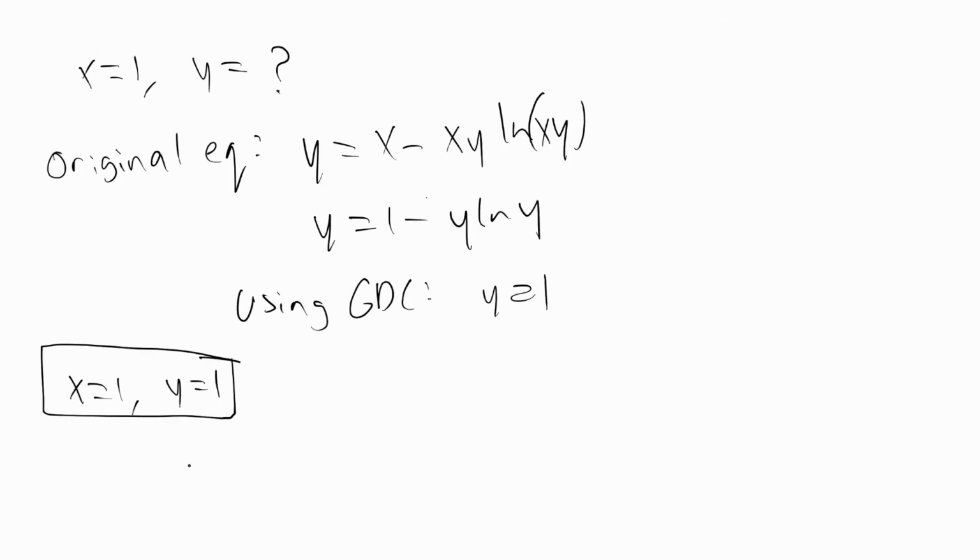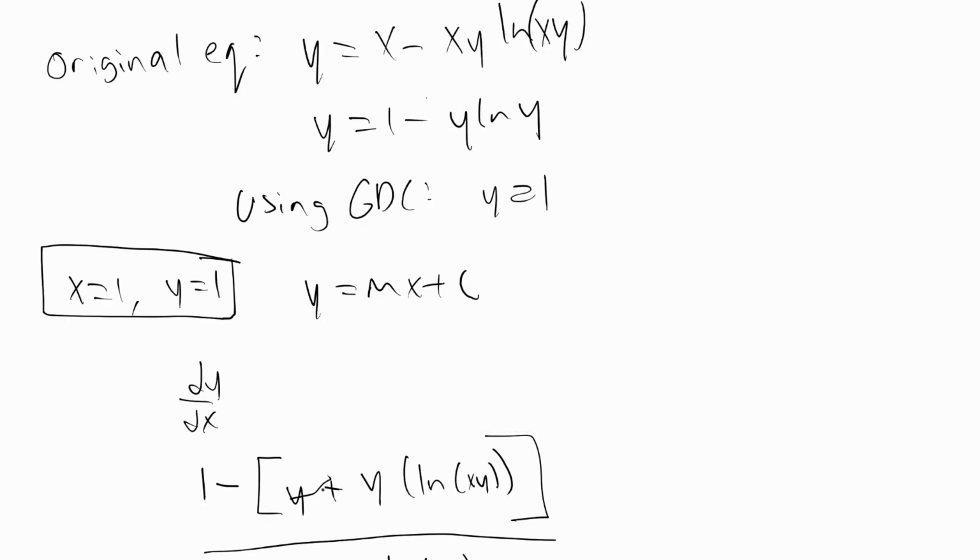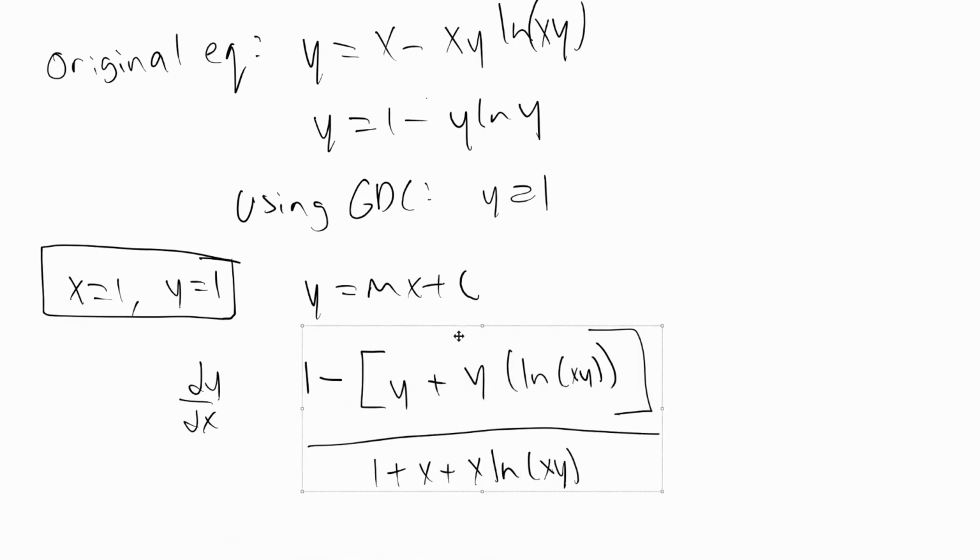So that's the coordinates of this particular point. So we need to find out what the tangent is at this point. How do we do that? First, we need to find the slope because we want it in the form y is equal to mx plus c. So let's find the slope. dy by dx, which is what we calculated earlier, is equal to, and let's just paste that in. That's what dy by dx is equal to.